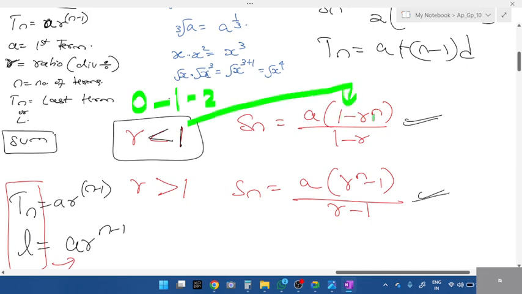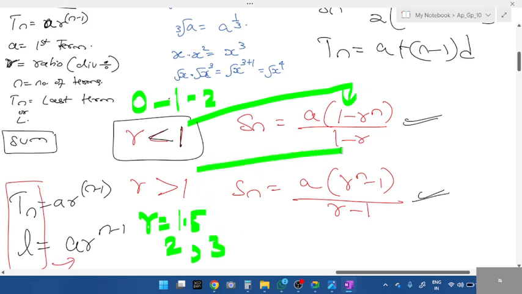1 minus R to the n. Don't get confused. Simple logic. R is greater than 1. What do you mean by R greater than 1? R can be 1.5, R can be 2, R can be 3. Therefore, R is greater, so R minus 1. Let me cross check the formula.